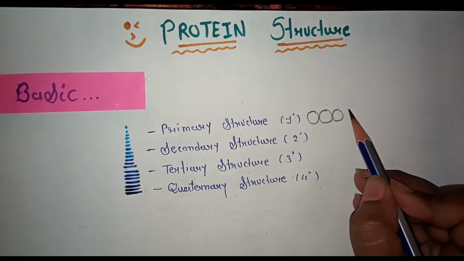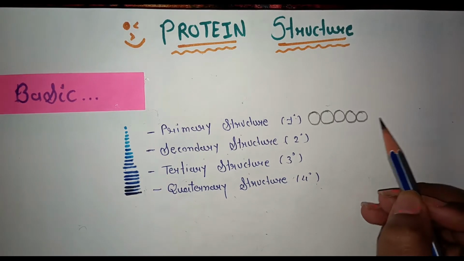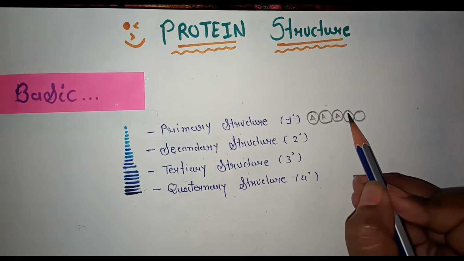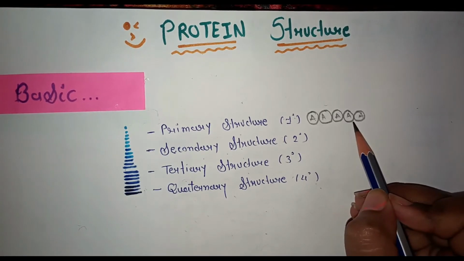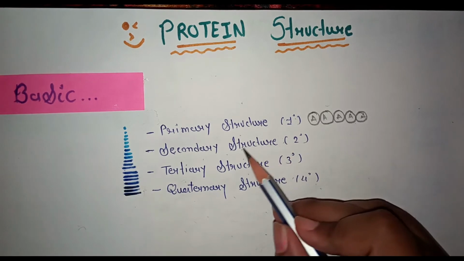So it is simply a linear polypeptide chain. This is any amino acid. That type of structure is known as the primary structure of any protein. But such structures are not very stable, so they form a secondary structure.